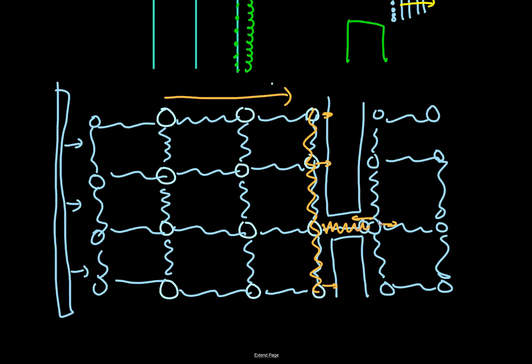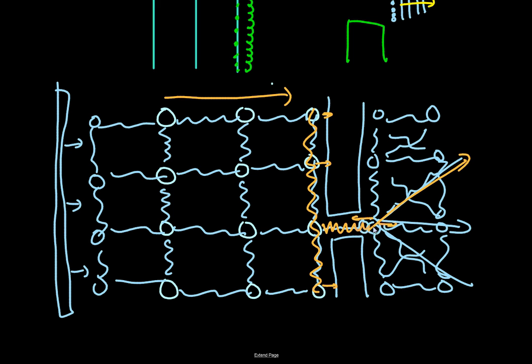If I start to shake this one, that's going to shake this one, and this one up this way and that one down this way, and you're going to get this propagation of waves in a circular pattern from the opening. Does that make sense to you?